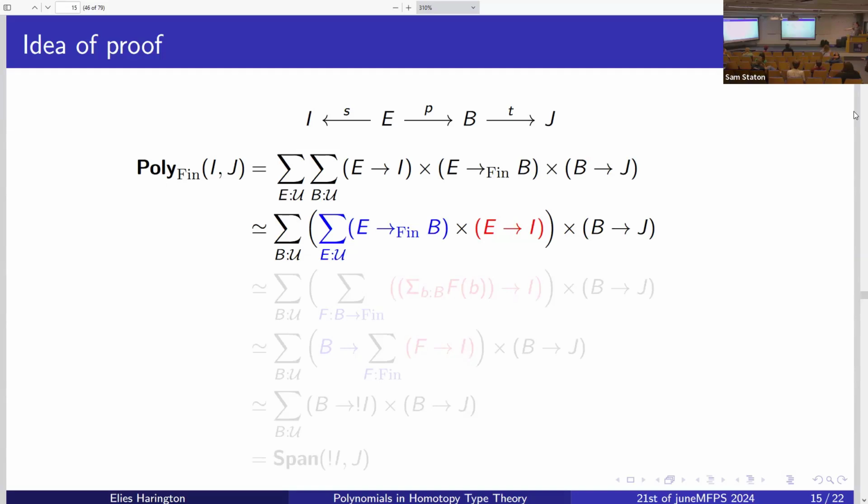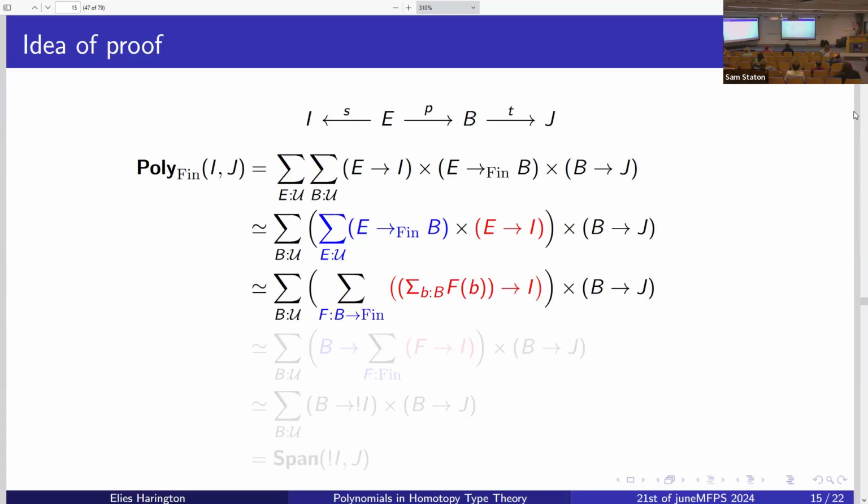And now here, the data of a type together with a finite-fibers map to B is the same thing as a family of finite types indexed over B. And the coloring of the total family is the coloring of the total family on the other side of this equivalence.